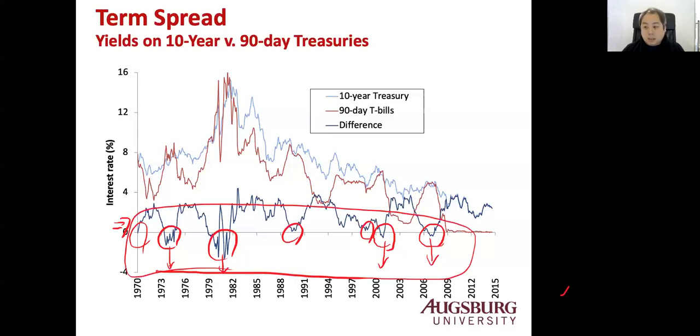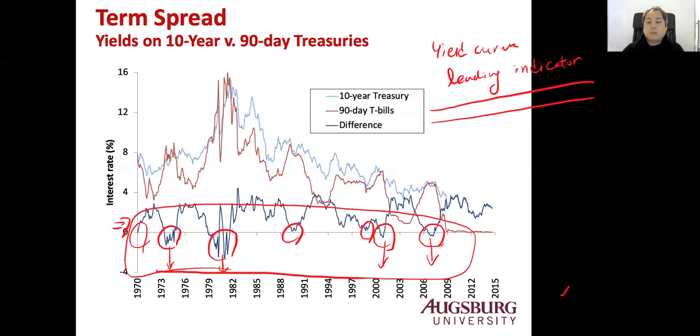For this reason, it is not surprising that the slope of the yield curve is one of the key components of the index of leading economic indicators. So this term spread yield curve is a leading indicator, which means the yield curve predicts the economic situation.